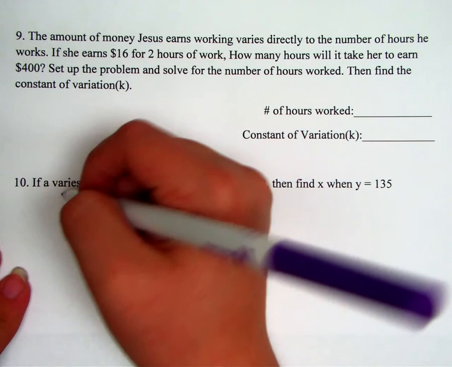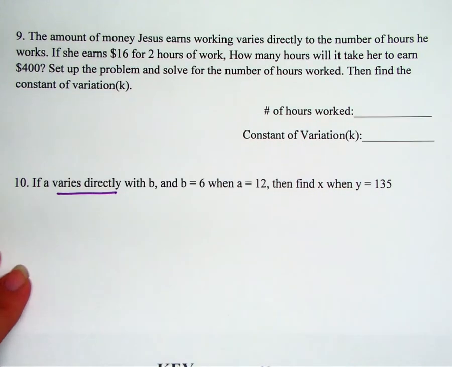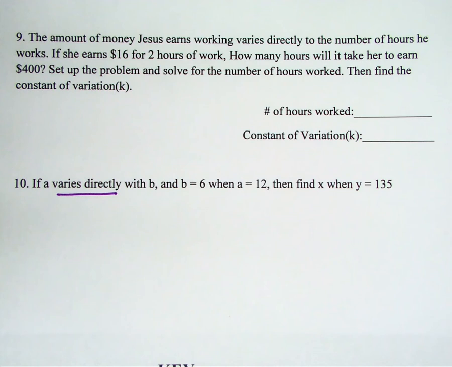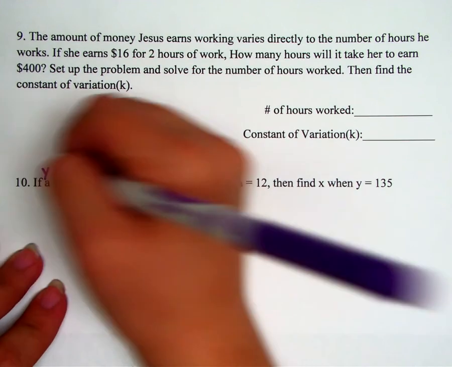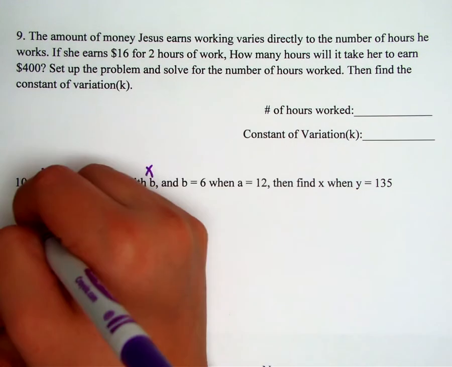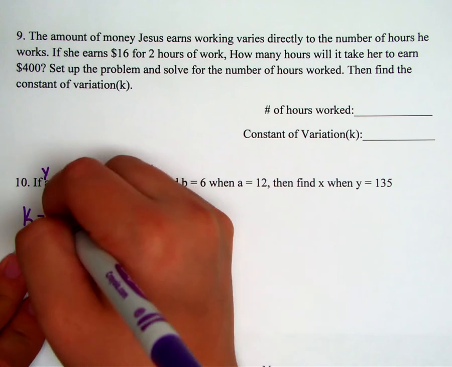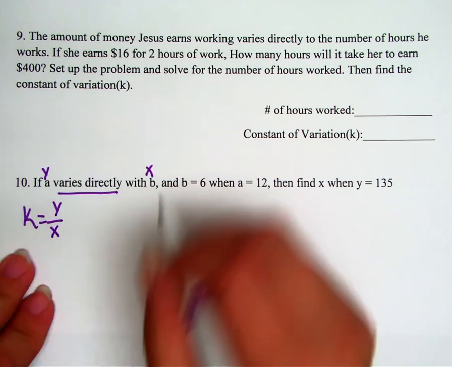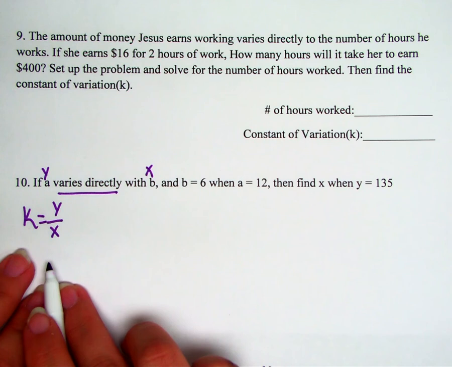Anytime we have varies directly or proportionally, that is always like our dependency statement where the y depends on the x. And that's going to help us find our constant because we always use our ratio.